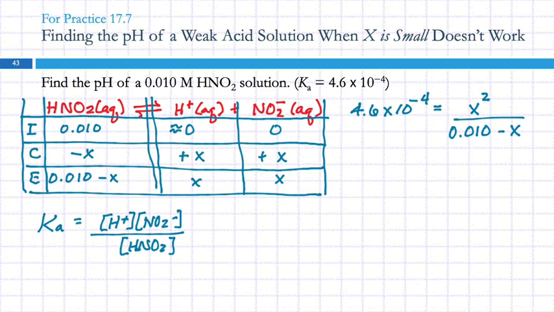I'm just going to run the x is small really quick so we can compare it. It's going to be the square root of 4.6 times 10 to the minus 4 times 0.01, which is 0.002145.